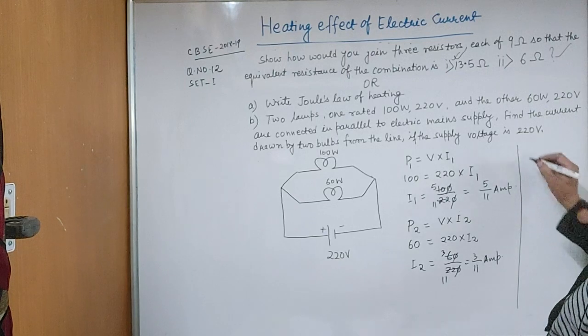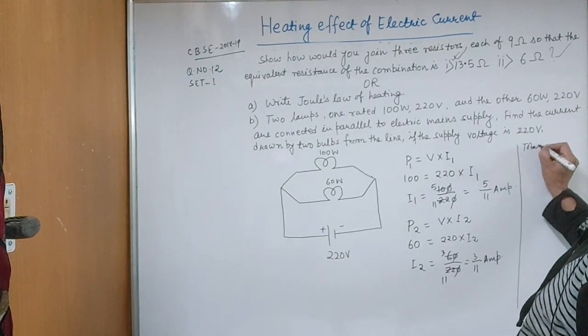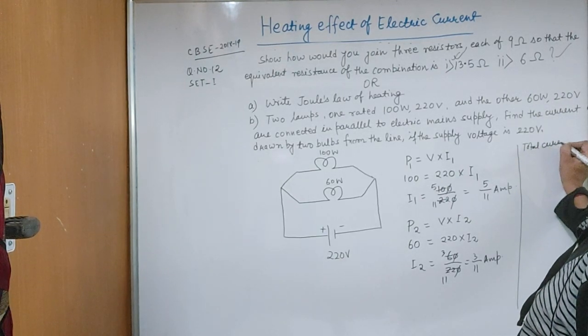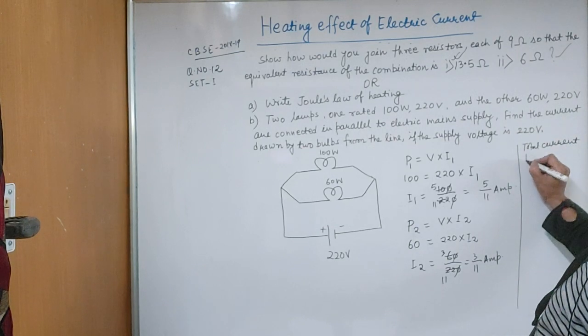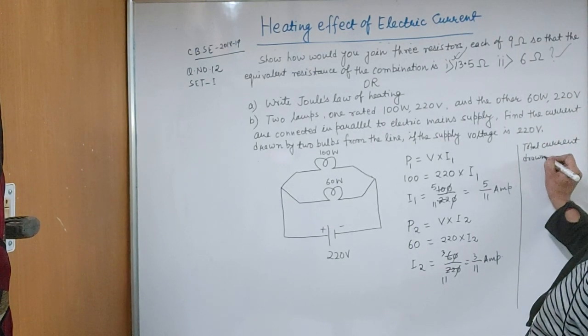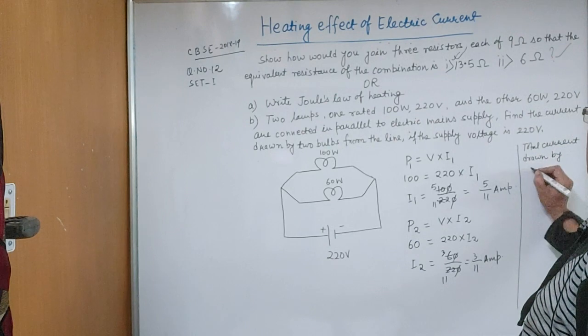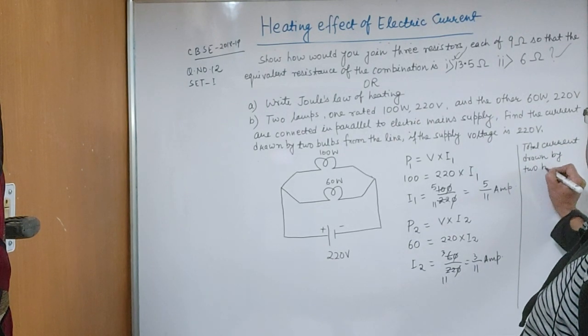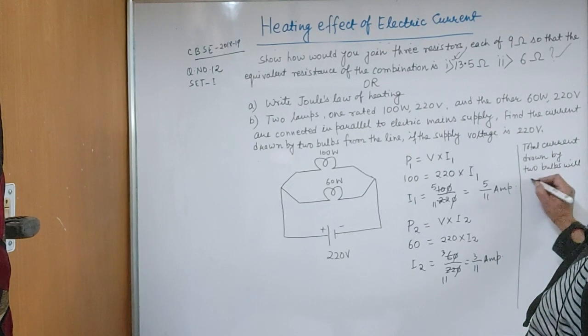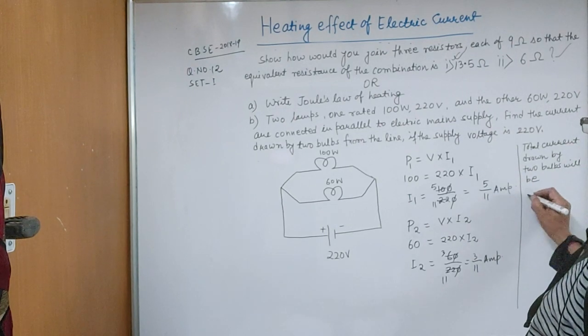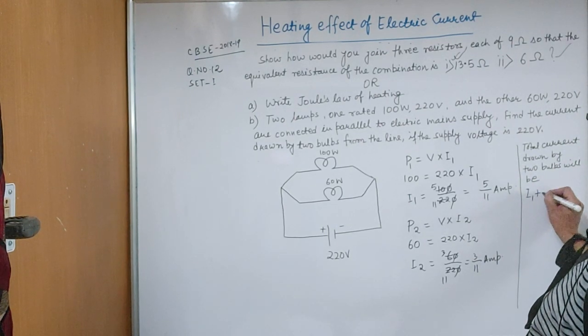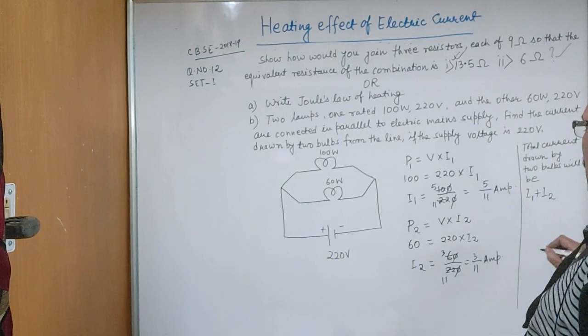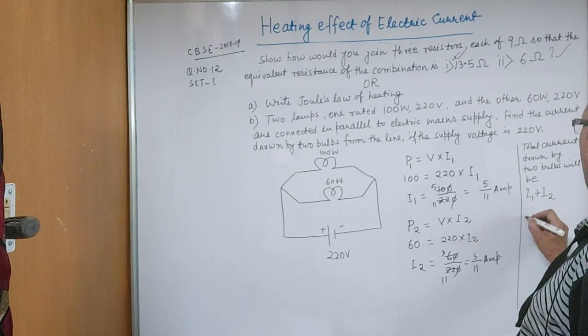So the total current drawn by the two bulbs will be simply I1 plus I2.